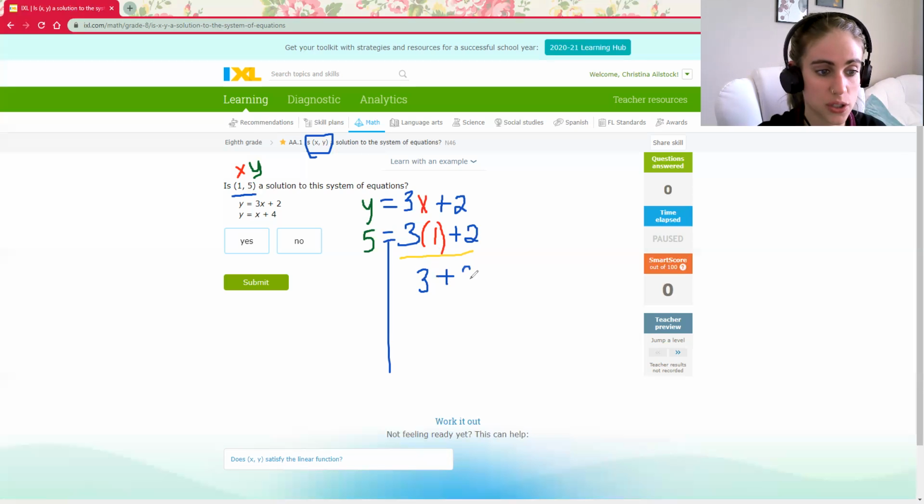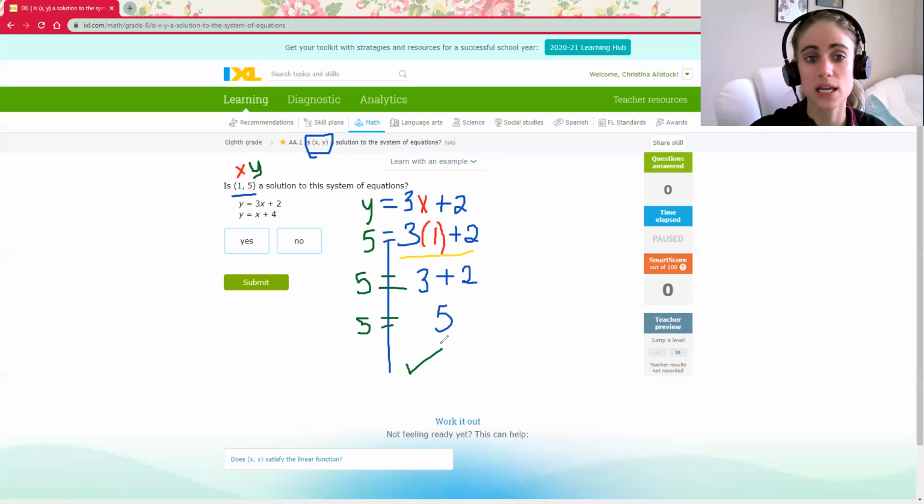Bring down the plus 2. And I receive a 5. Is that what I was supposed to get? Yeah, it is. I was hoping to get a 5, which means this point is a solution to that line. How that would look is if I were to graph it, this point would fall somewhere on the line.